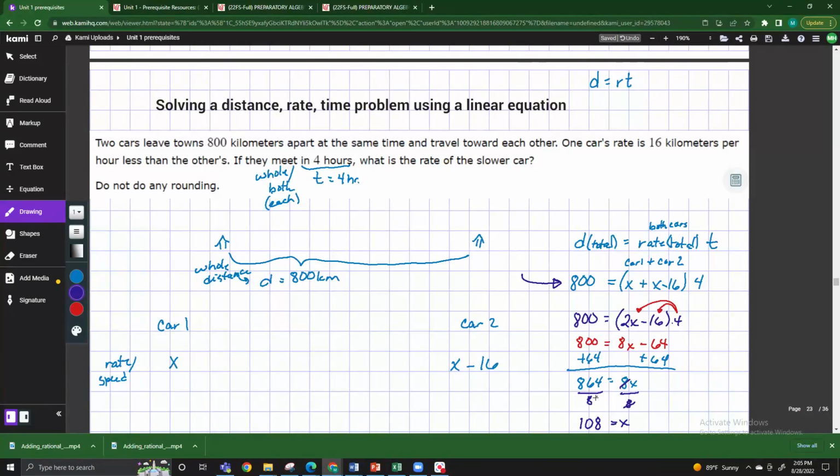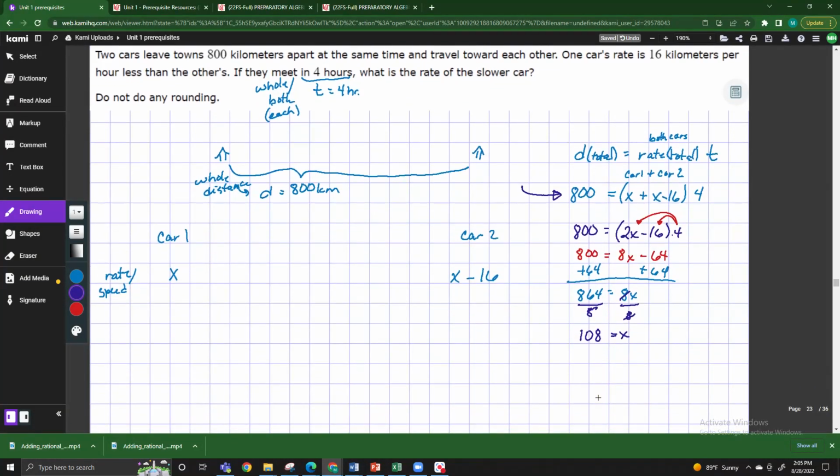That seems really fast, but we're talking kilometers per hour. So it should, we'll do a conversion just to double check. So this is 108 kilometers per hour. And this is, I'm going to subtract 16 from it.